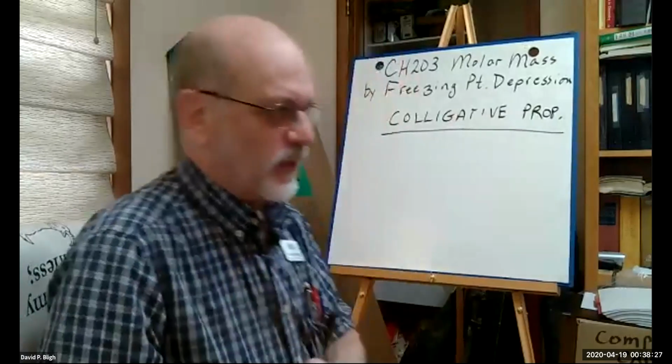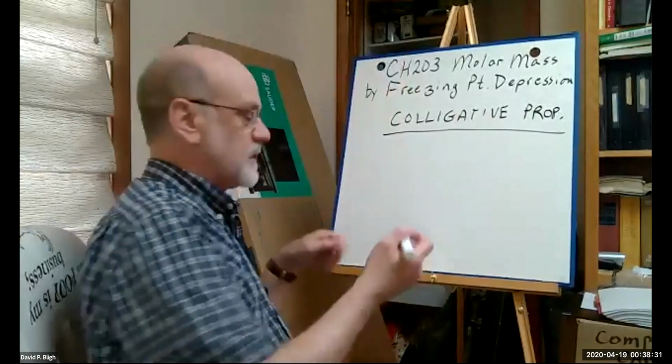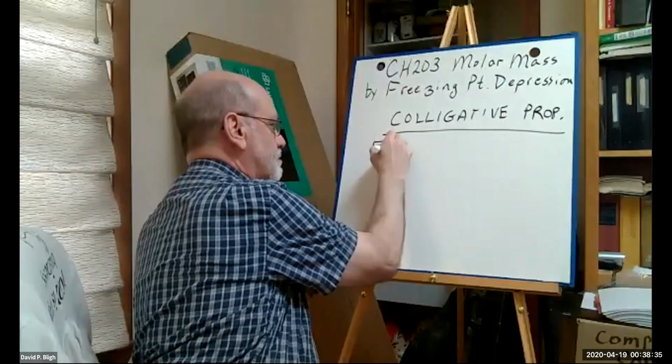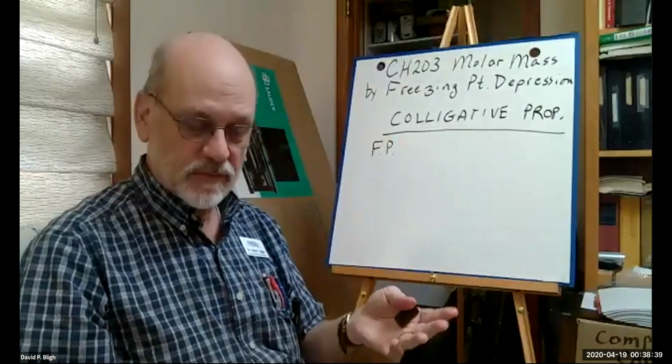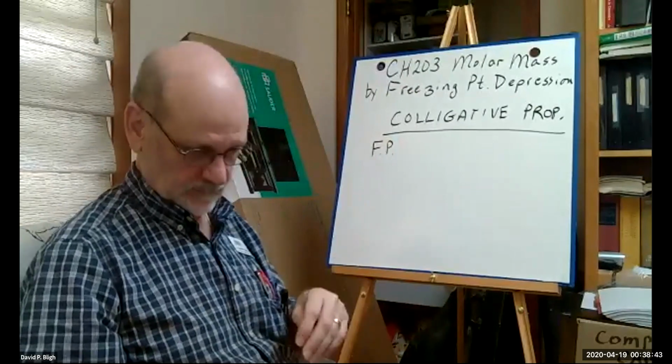Let's use an example. In our case, we're going to measure freezing point of a material. In fact, the first material we measure freezing point of is lauric acid. And I'll describe that a little later.